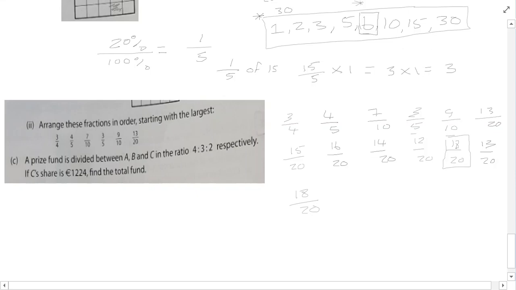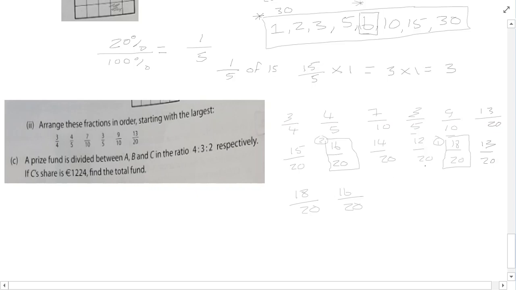So what's the next one after that? So it's 16 twentieths, which is this one. So this is 1. This is 2.